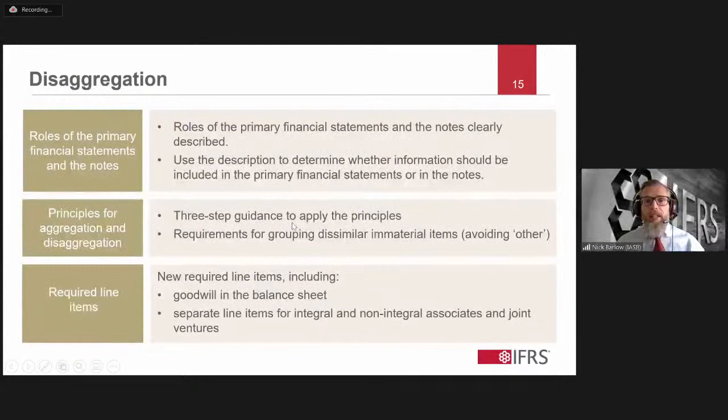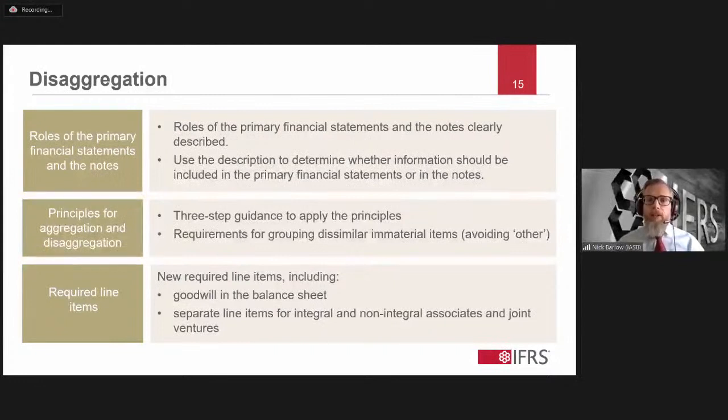When I talk about the general proposals or principles-based proposals, we've got here a set of proposals, first talking around the roles of the primary financial statements and those of the notes. And this is really to give some high-level guidance around making those decisions about what's the level of aggregation or disaggregation that would be most appropriate on what many refer to as the face of those statements of profit and loss and balance sheet, for example, and the level of detail that might be appropriate in the notes, and a little bit of guidance about how to make those decisions.